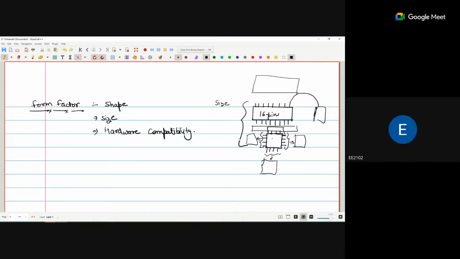It will be bigger, so it will not fit in all the systems. So you have to maintain a size and a particular shape so it will be compatible with all the available systems. All these parameters will be defined in the form factor.